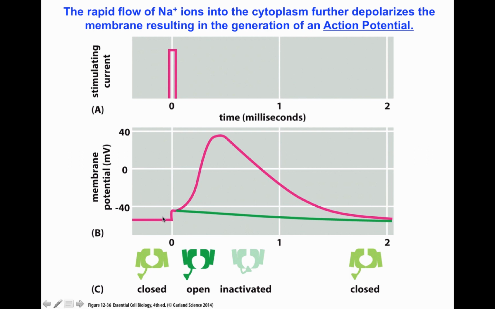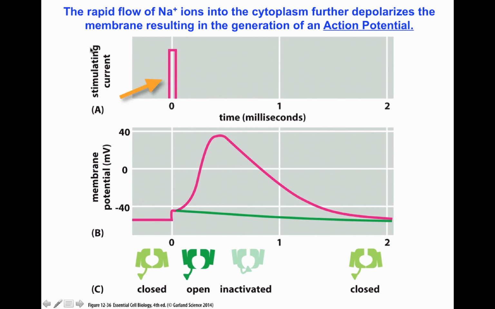So here at the beginning, we have the cell at rest, and therefore you have a membrane potential of about minus 60 millivolts. At that point, the voltage-gated sodium channel is completely closed.